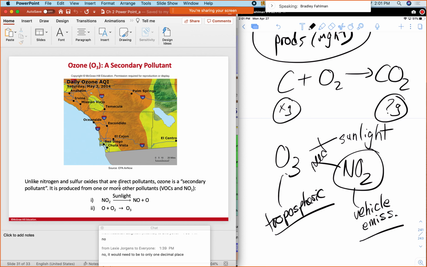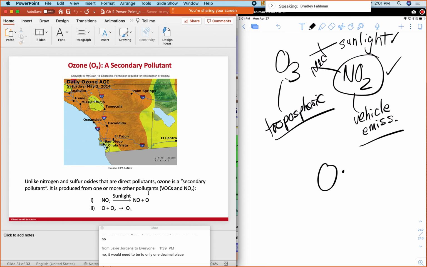And in the next chapter we looked at good ozone, which blocks UV radiation. Really, these two requirements are needed. Sunlight breaks apart nitrogen dioxide, and then you have these reactions where this is a radical. The term radical you should know.